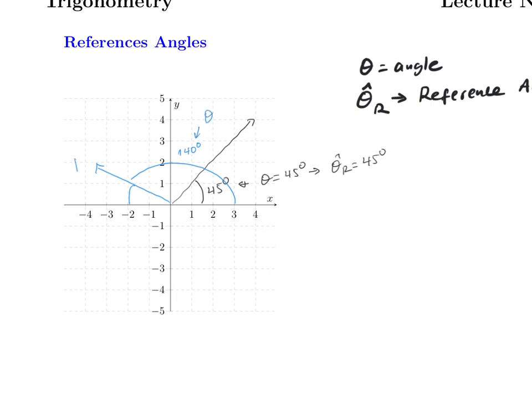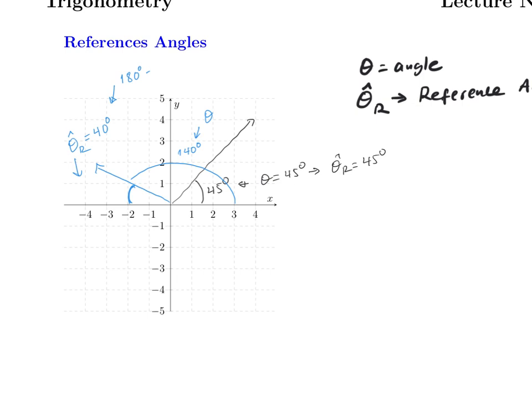And the reference angle, theta hat with the R, is going to be whatever you need to make 180. So in this case, the reference angle will be 40 degrees. Why? Because 140 plus 40 will give you 180. So if the angle is in the second quadrant, it's going to be 180 minus whatever the angle is to figure out the value.